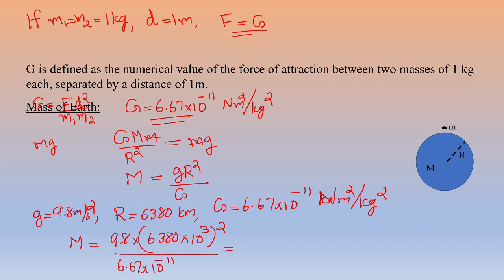So after calculation, we have the value of capital M, the mass of the Earth, is 5.98 into 10 raised to 24 kilogram. So that means we can calculate the mass of the Earth, that is around 5.98 into 10 raised to 24 kilogram.